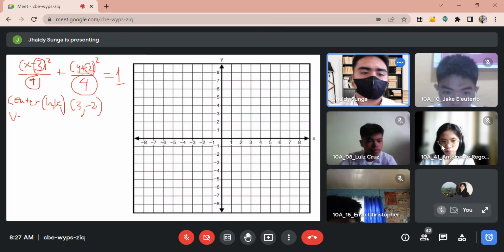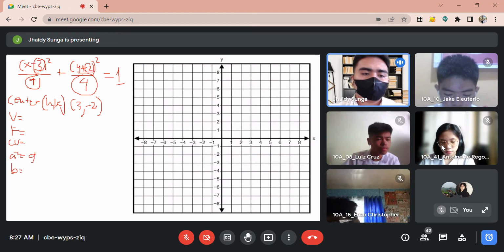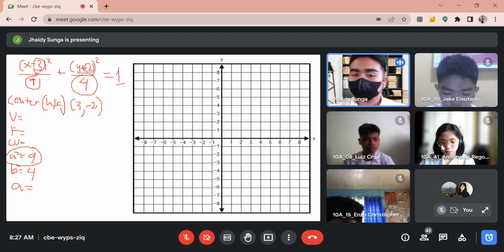For your vertices and foci, A squared is equal to 9 and B squared is equal to 4. Then your A, we answered this a while ago, is 3. Our B is 2.